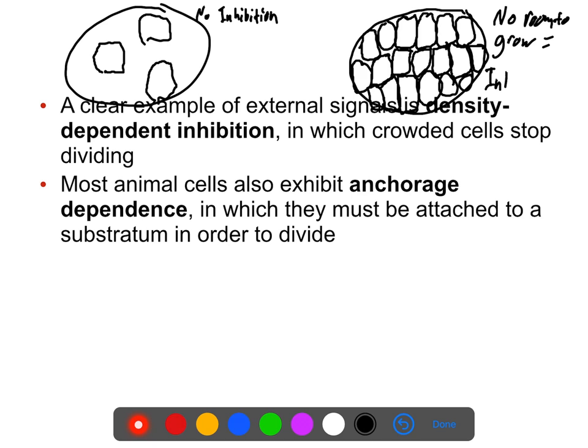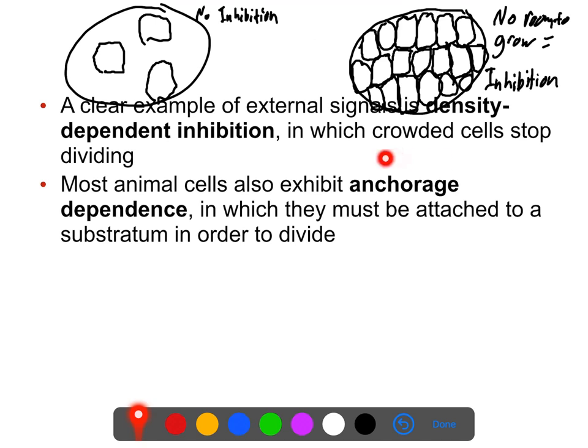Which equals inhibition. Even if these cells are being bathed in growth factor, they will usually stop growing when they bump into each other because there's no more room for them to grow. And so this is density-dependent inhibition.